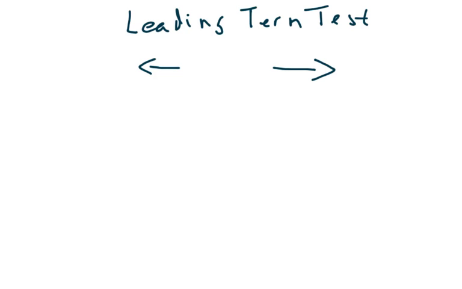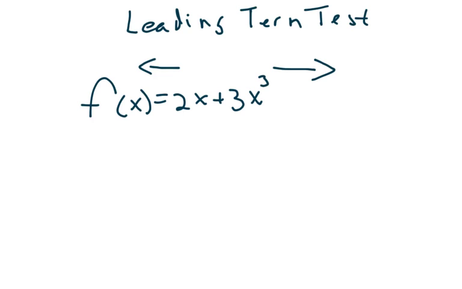All right. So what we're going to do for this, if we take a look at this function, f of x equals 2x plus 3x cubed minus 4x squared minus 6x to the fifth. What I want you to do is ask yourself this question and then pause the video.